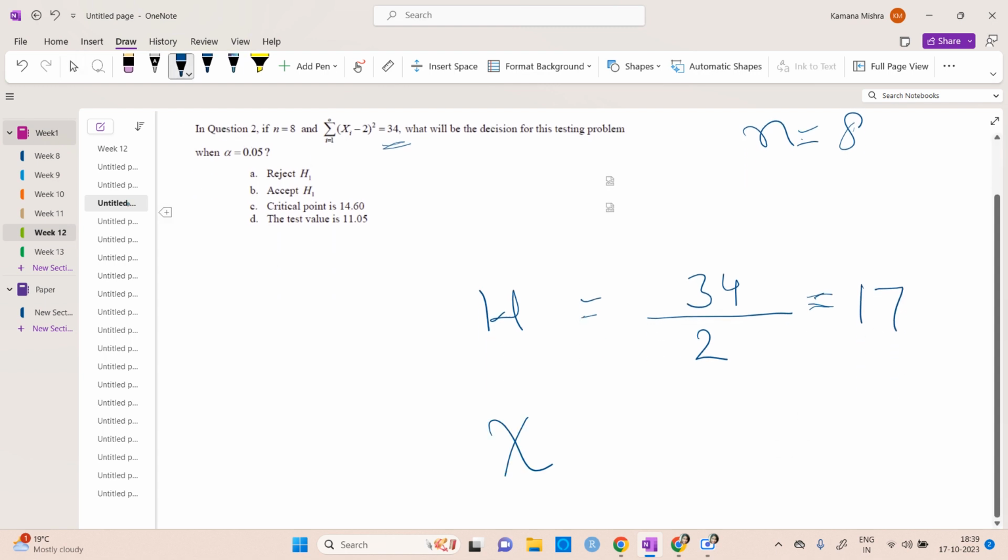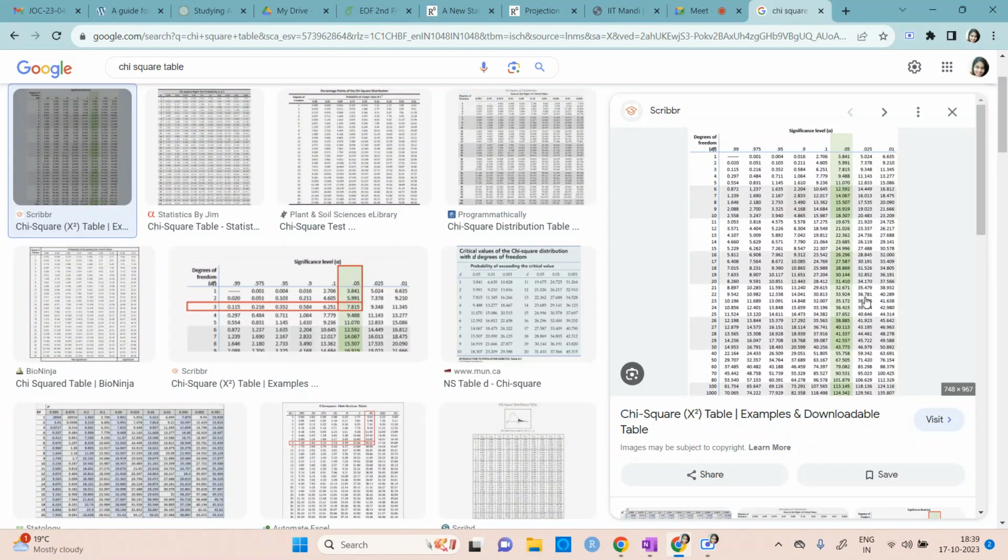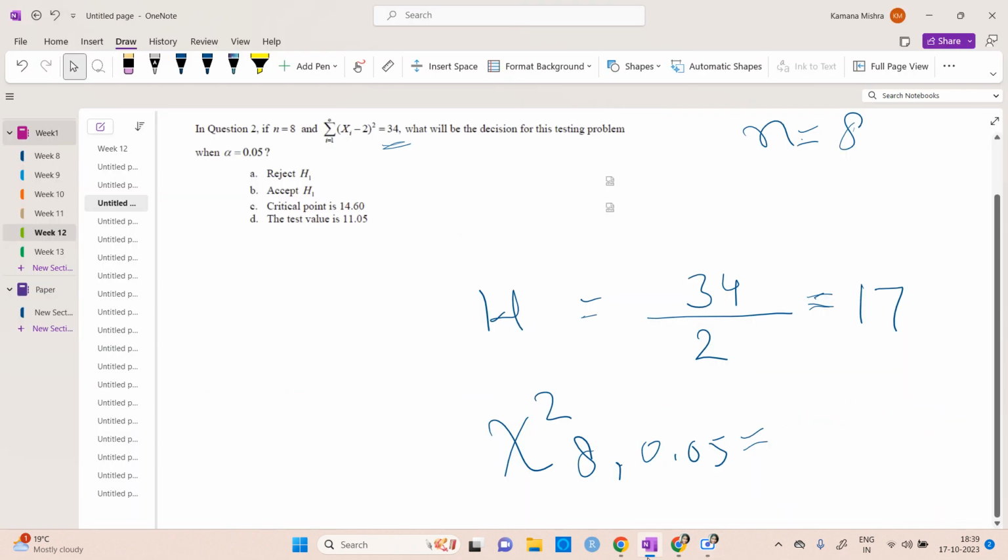Then chi square 8 comma alpha 0.05, we will check again. At 8 its value is 15.5. So now you try whether this time we can accept this null hypothesis or not.